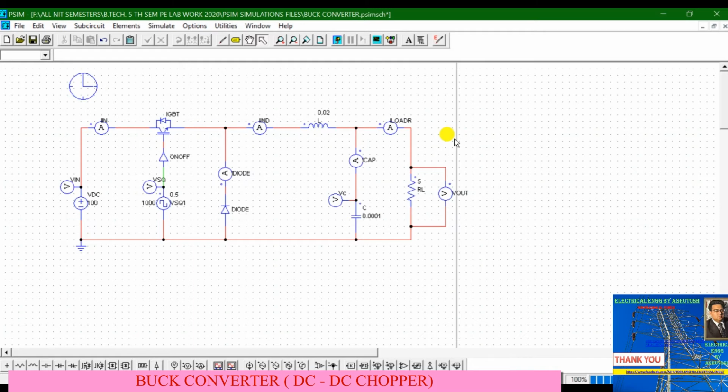Basically, the second switch is used as a diode, and the diode is connected to a low pass LC filter. These capacitors and inductors are filters, designed to reduce the current and voltage ripples, and the load is purely resistive.